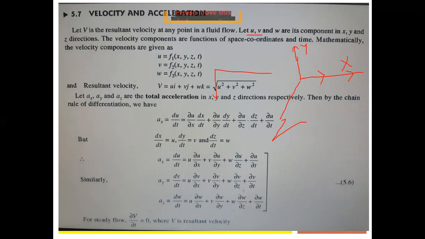Then by the chain rule of differentiation we have ax, that is du by dt, which equals partial u by partial x into dx by dt plus partial u by partial y into dy by dt plus partial u by partial z into dz by dt plus partial u by partial t.